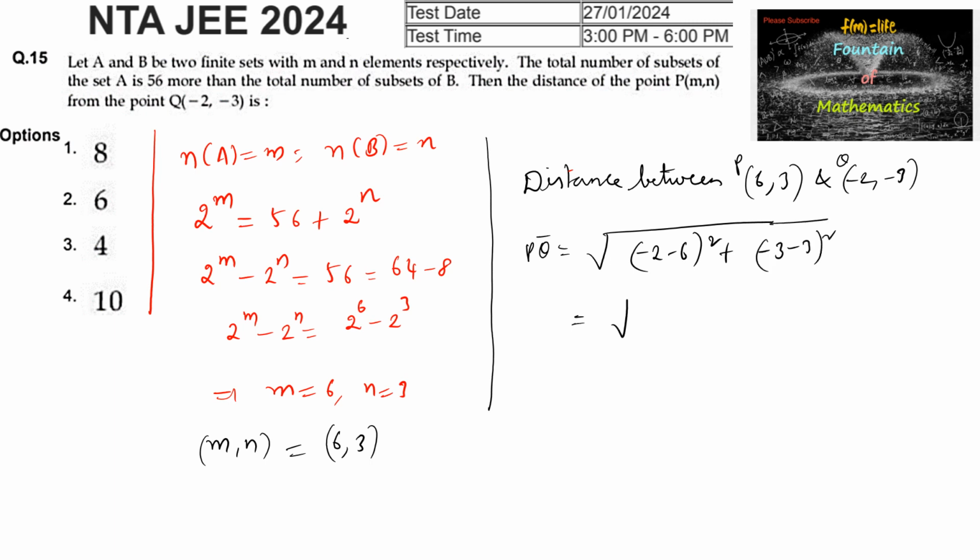So we can write under root of minus 2 minus 6 is minus 8 whole square, that is 64, and here minus 3 minus 3 is minus 6 whole square, that is 36. So we can write 64 plus 36 is 100, and root of 100 is equal to 10. So the distance between the two points P and Q is 10 units. So we can go with option D. Option D is the answer.